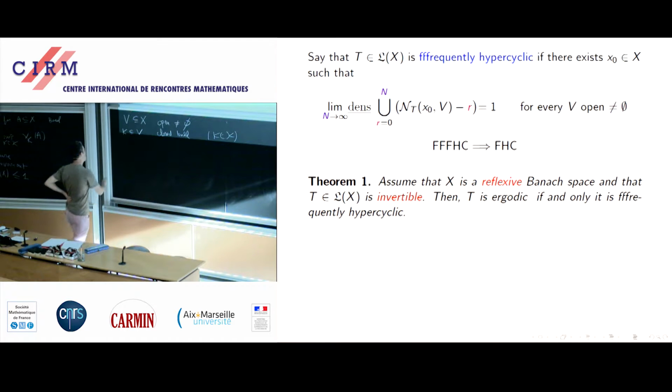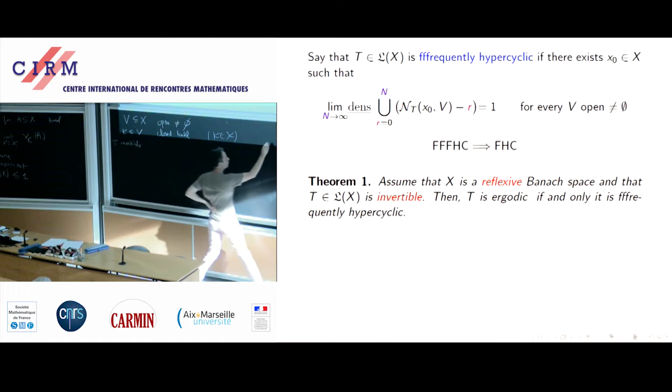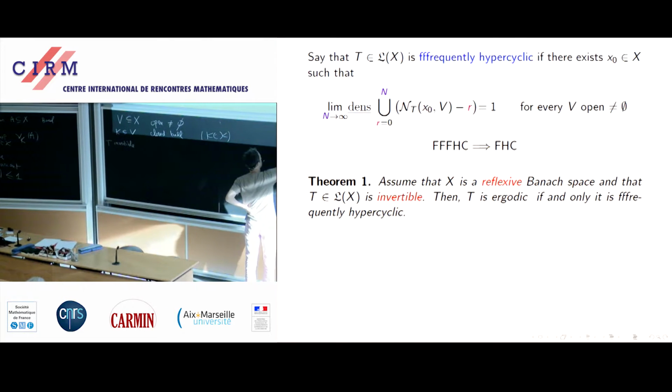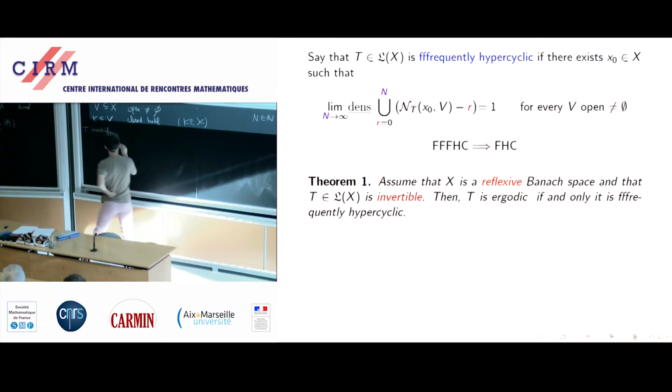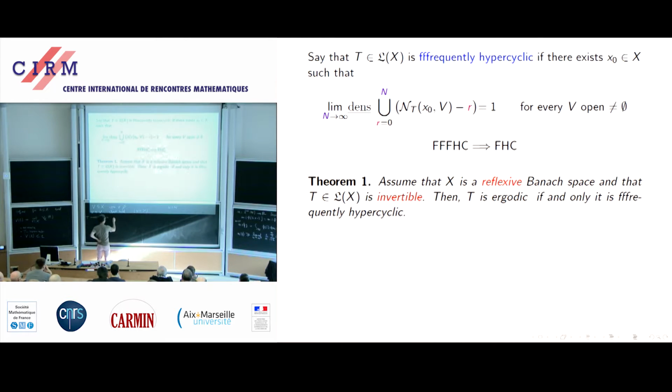And now, since T is invertible, so you take also any n, then since T is invertible, this implies that if you look at this set, this is still a weakly compact set.